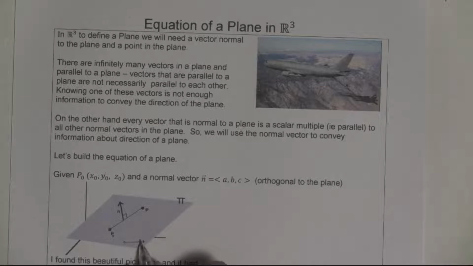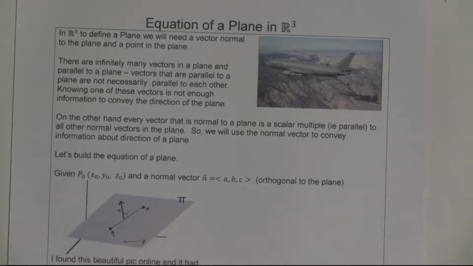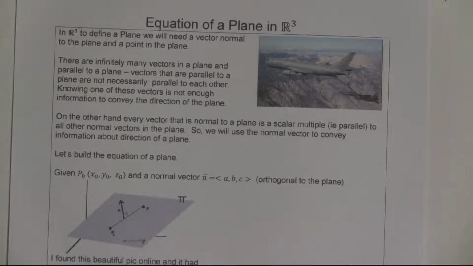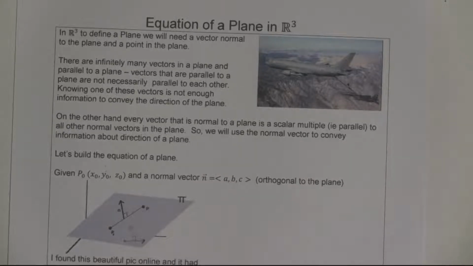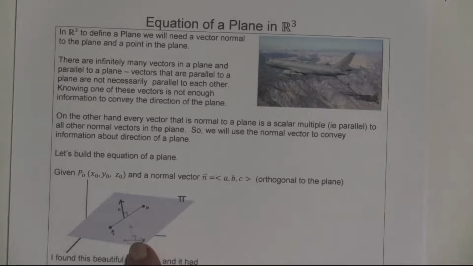Those vectors in the plane don't necessarily have something in common. But what they do have in common is that every vector that is normal to the plane is normal to every vector in the plane.